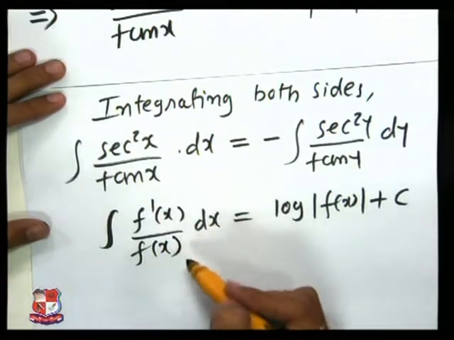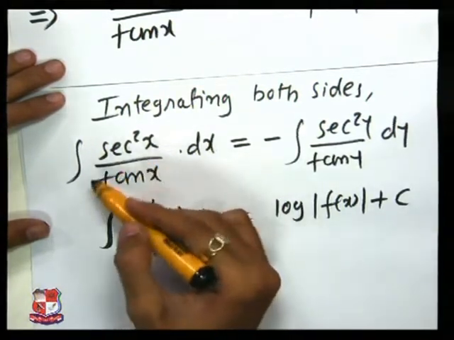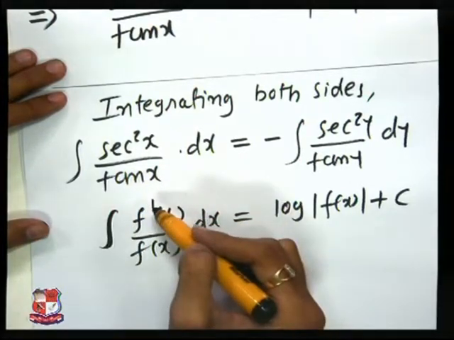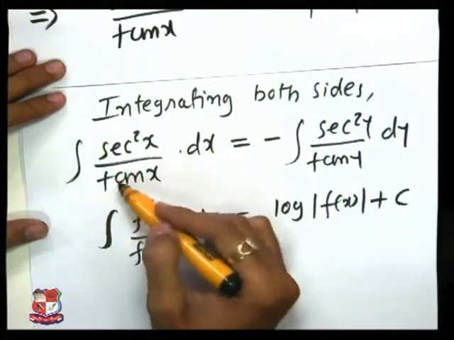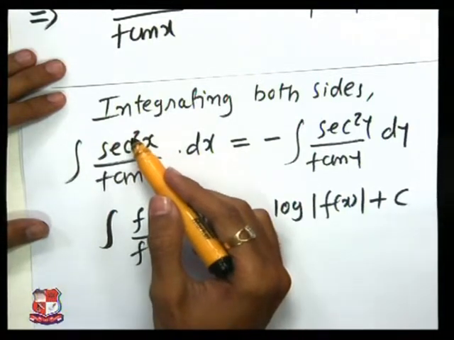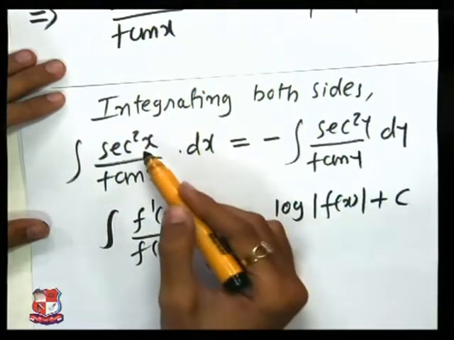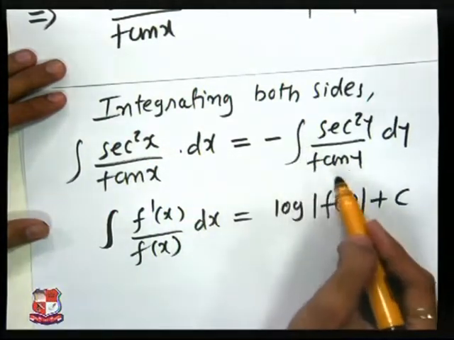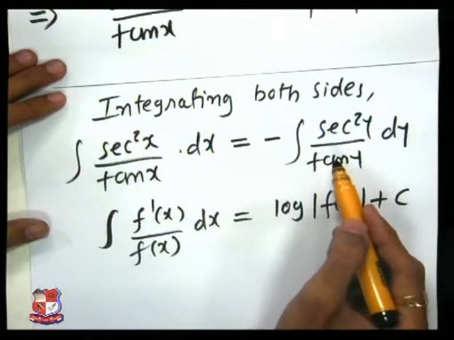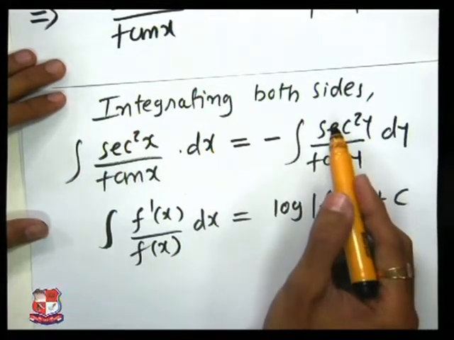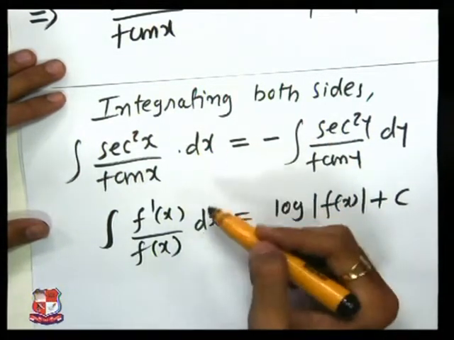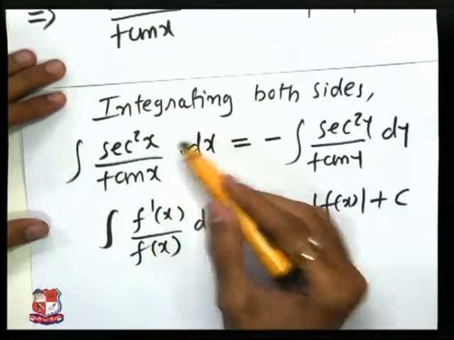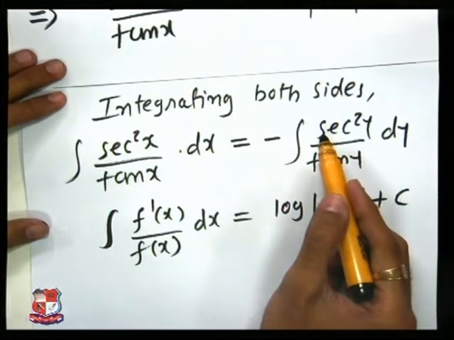Here the function f of x is tan x in the left hand side, and the differentiation of fx, that is f dash x, is sec square x. So we can use this formula here in the left hand side. In the same way, in the right hand side we have the function tan y, and its differentiation is sec square y. So we can use this formula twice, for x in the left hand side and for y in the right hand side.